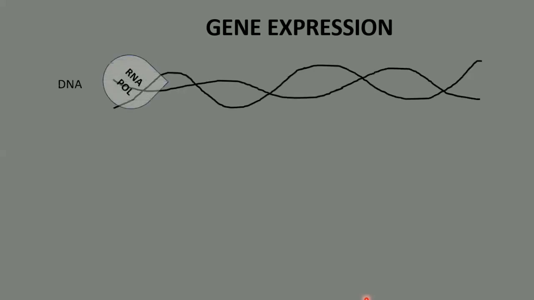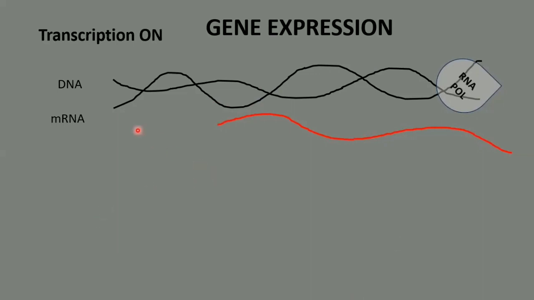Now, if you see here, in presence of RNA polymerase, this DNA is transcribed to form mRNA. That means this gene is on. It is transcribing to produce mRNA, which later on after translation produces protein. So here the transcription is on, so here we say gene expression is on. That is, genes are turned on.